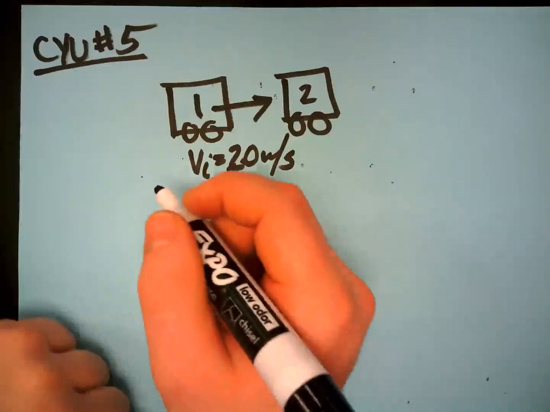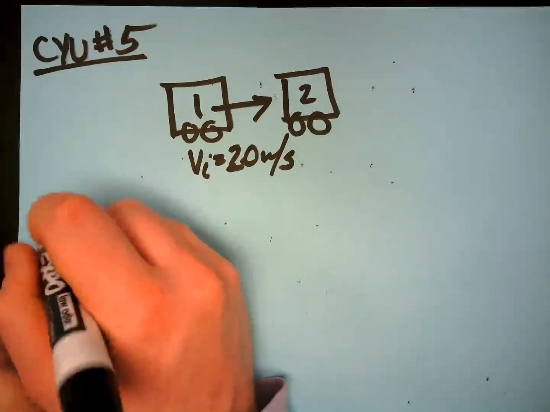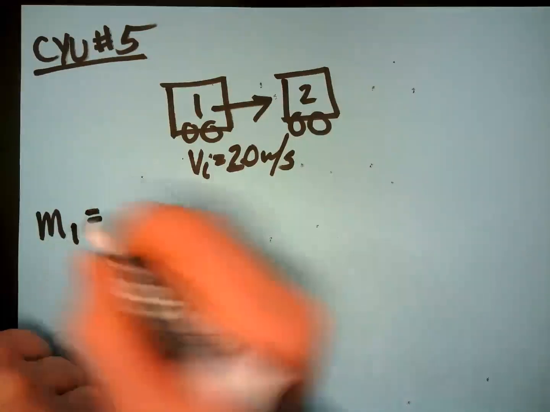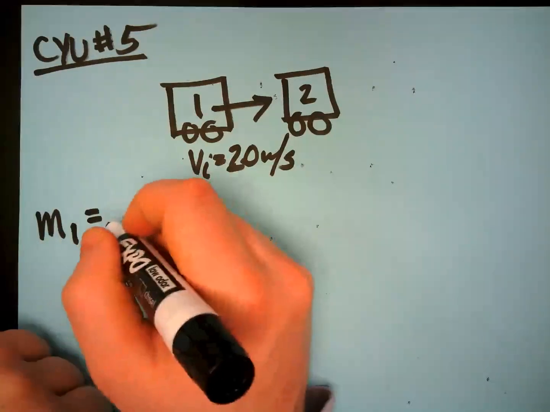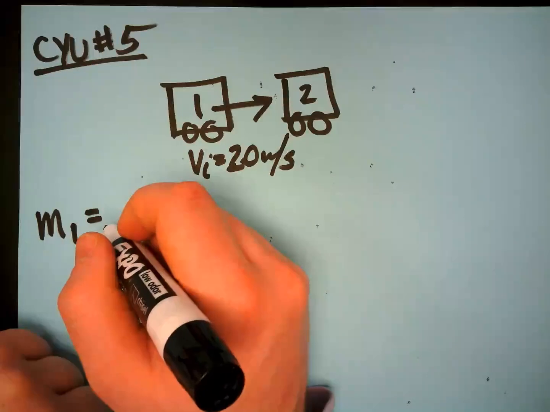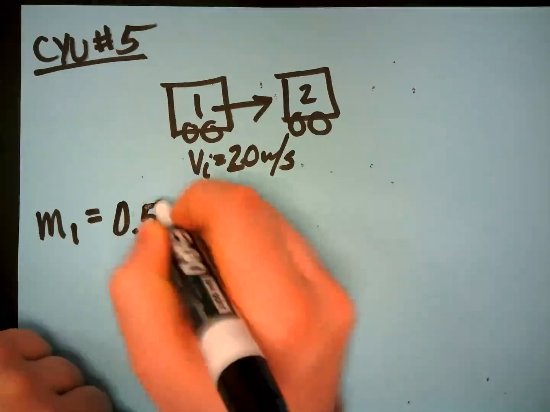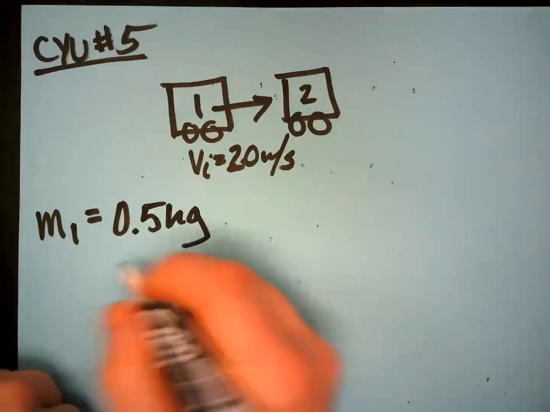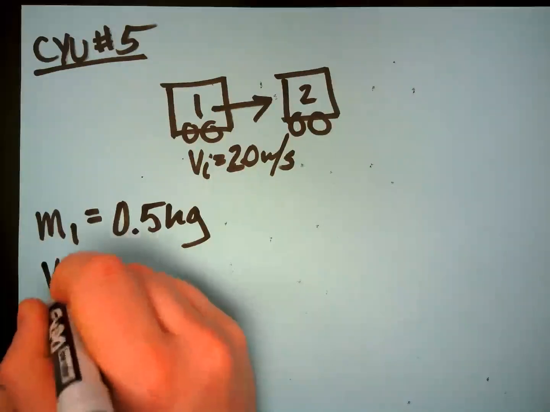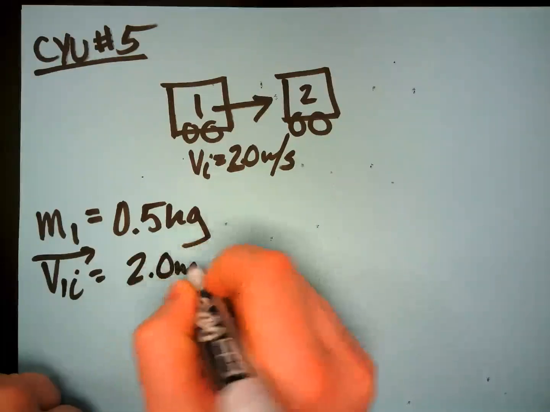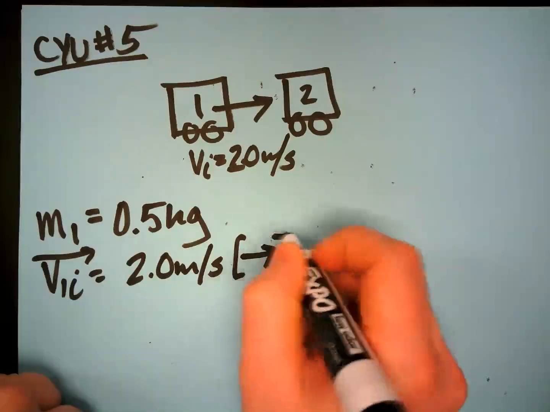So anyway, let's get a sense of that, and in order to do that, we need to first identify our variables. So we've got the mass of cart 1, we'll just say mass 1, and it is 500 grams. I'm going to write this out as kilograms because that's what we have to use. That's going to be 0.5 kilograms. This dude is initially moving at 2 meters per second, and we're going to say in this direction.